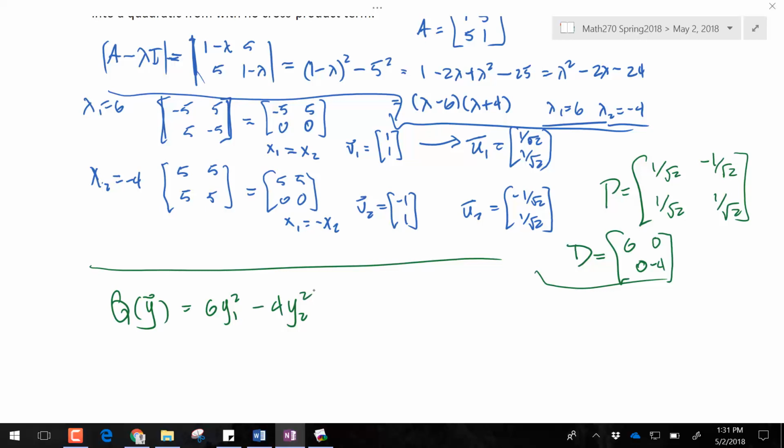Anyways, the relationship is that x is equal to P of y, or y is equal to the P inverse or P transpose of x. Which means if we put specific values for x1 and x2, we can get specific values for y1 and y2. And then when we put it into this quadratic form, it'll be the same.